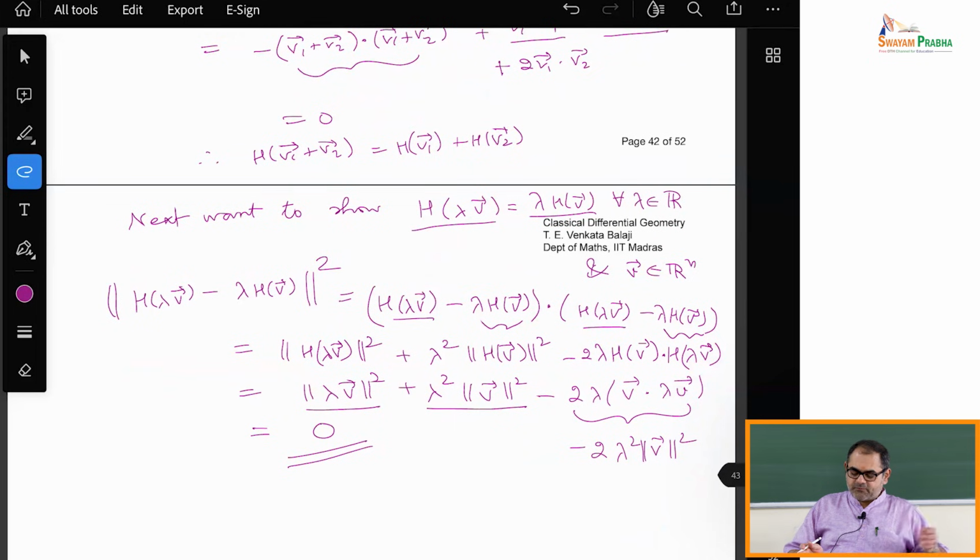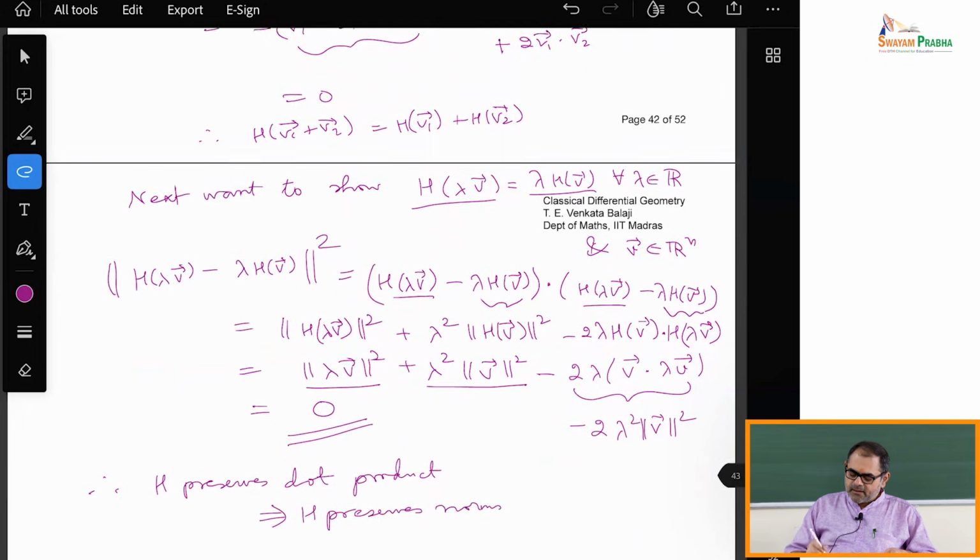So therefore, let me just sum up. Therefore, H preserves dot product implies H preserves norms, which in turn implies that H of 0 equal to 0.